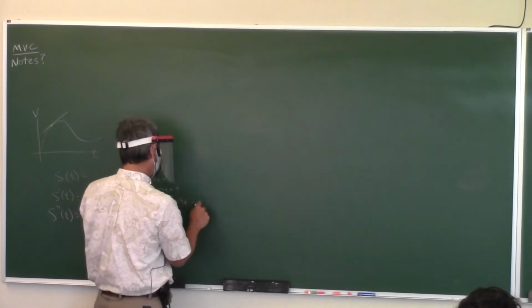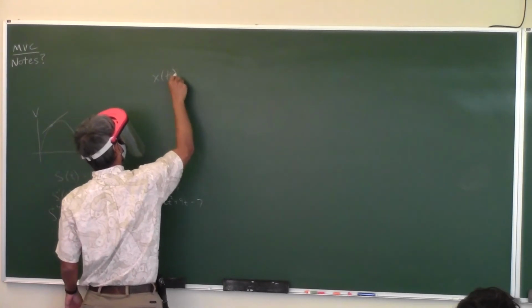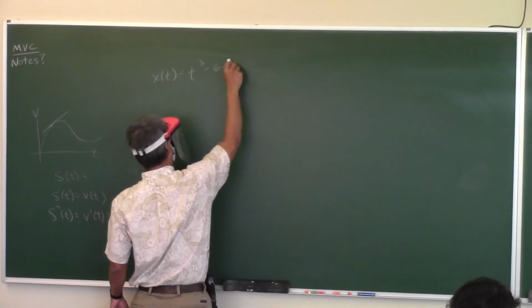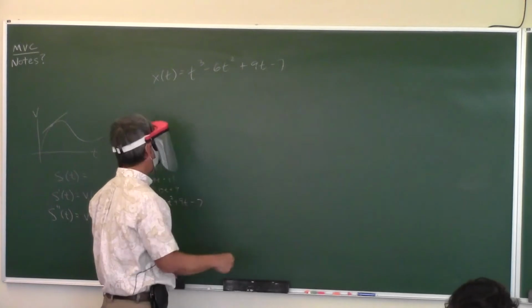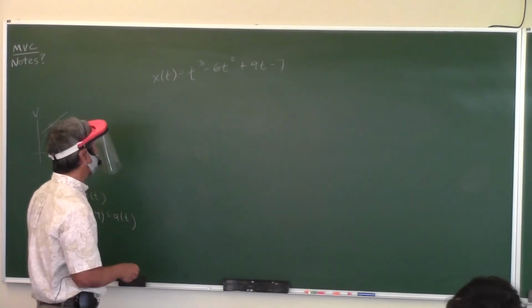Gosh, I can't believe I did that. Give me a number, 7. Okay, here is the position. That's what happens when you get old. Okay, here is the position. Now I was going, what's going on? That's not the problem I wanted. No, this is the problem I wanted.